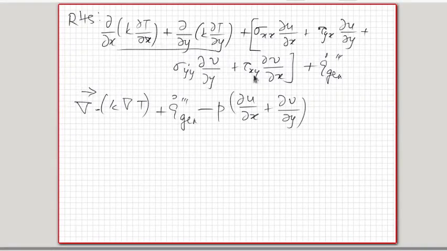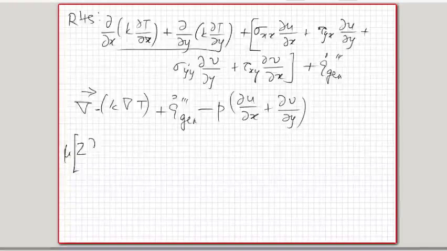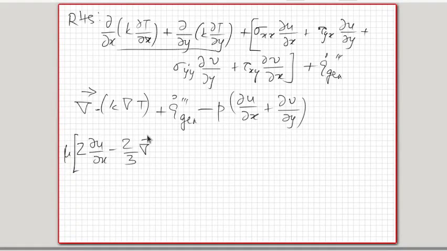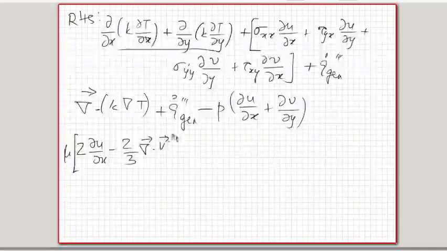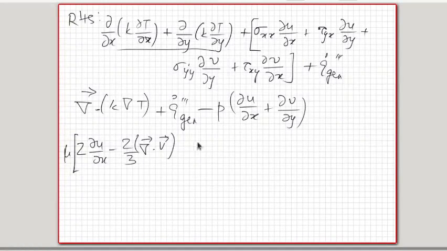So tau xy itself is a, so let me write the other terms in sigma xx, so it will be mu times 2 del u by del x minus 2 by 3 into del dot v, which is del u by del x plus del v by del y, and multiplied by del u by del x.